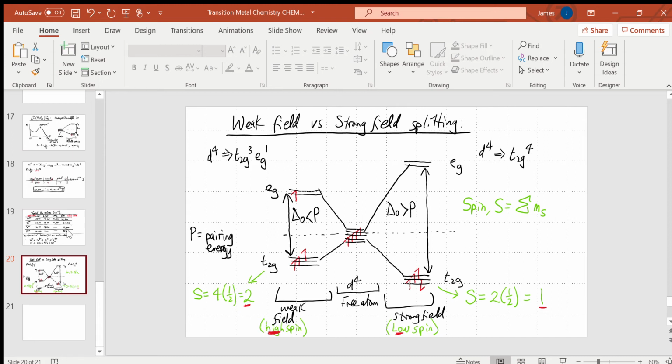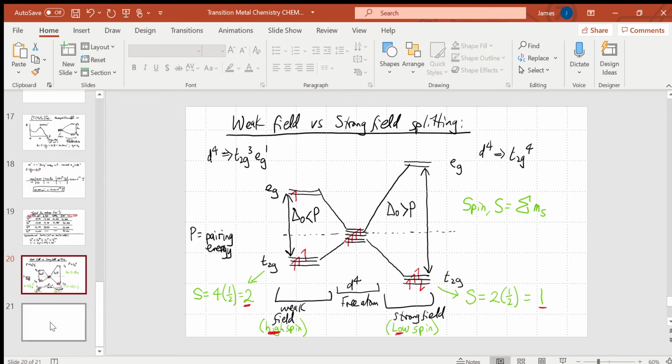So here in our D4 example, in a strong field or low spin complex, we would have an electron configuration T2G4. Whereas over on the left, in our weak field high spin complex, the D4 would have an electron configuration of T2G3 EG1.